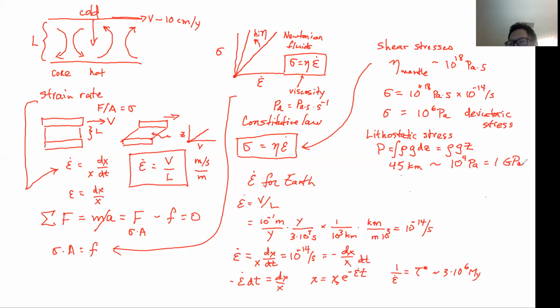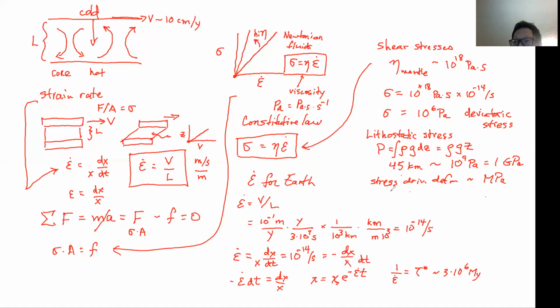So lithostatic pressures in the Earth, unless you're at very shallow depths, are on the order of gigapascals, 150 gigapascals when you get down to the transition zone, if I remember correctly. So the stress that's actually causing deformation is 10 to the 6, or a megapascal. So the stress driving deformation is megapascals, 1, maybe slightly less, but the lithostatic is gigapascals.